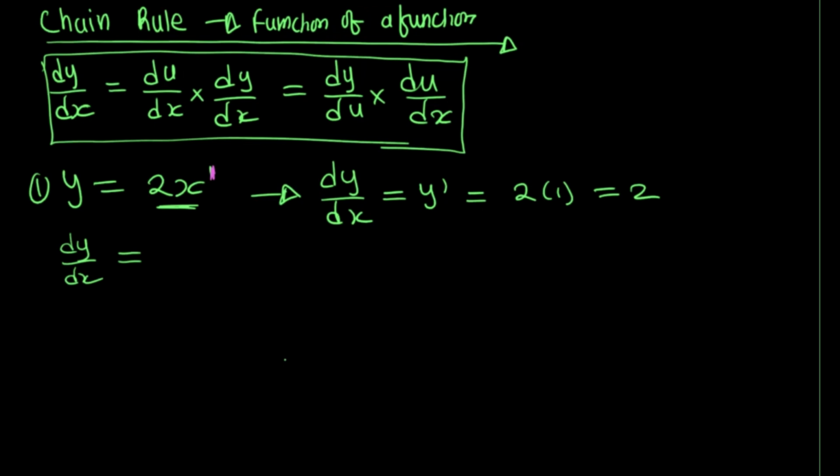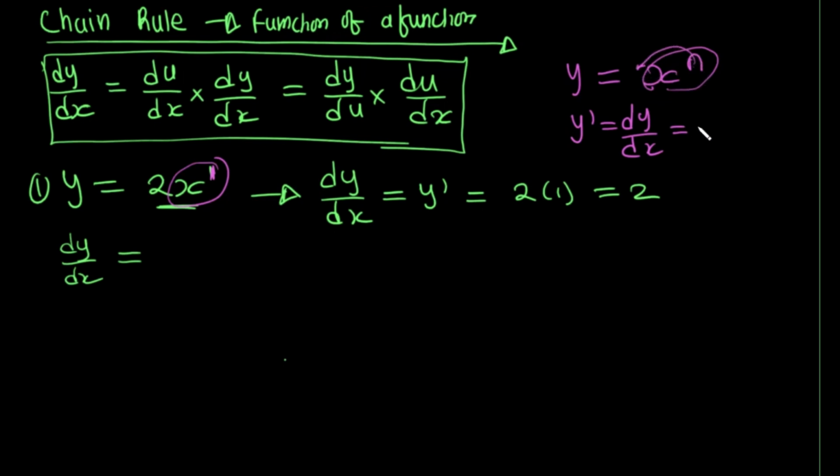It says that if you have y equal to x raised to any power n, and you differentiate that, y prime, which is the same thing as dy dx, is obtained by dropping the power n, bringing it in front, multiplying it by the entire function, and then subtracting 1 from the power. It's called the power rule.